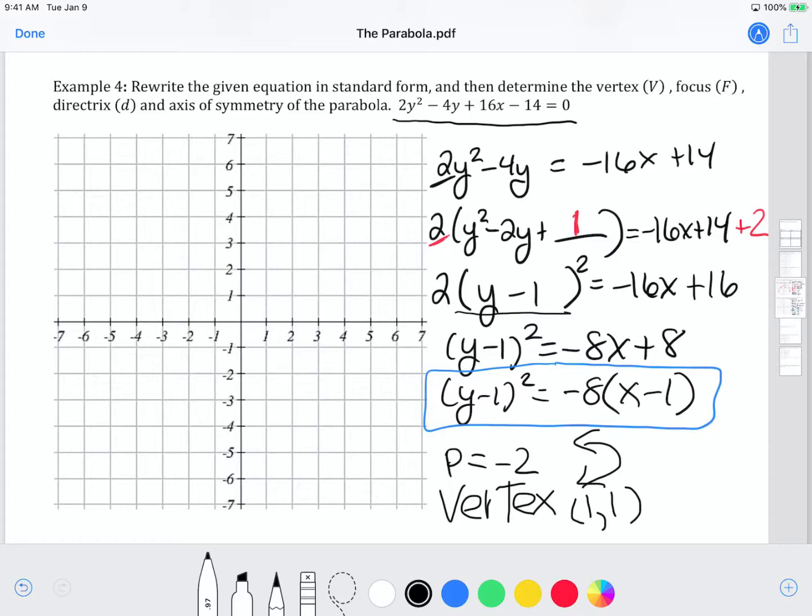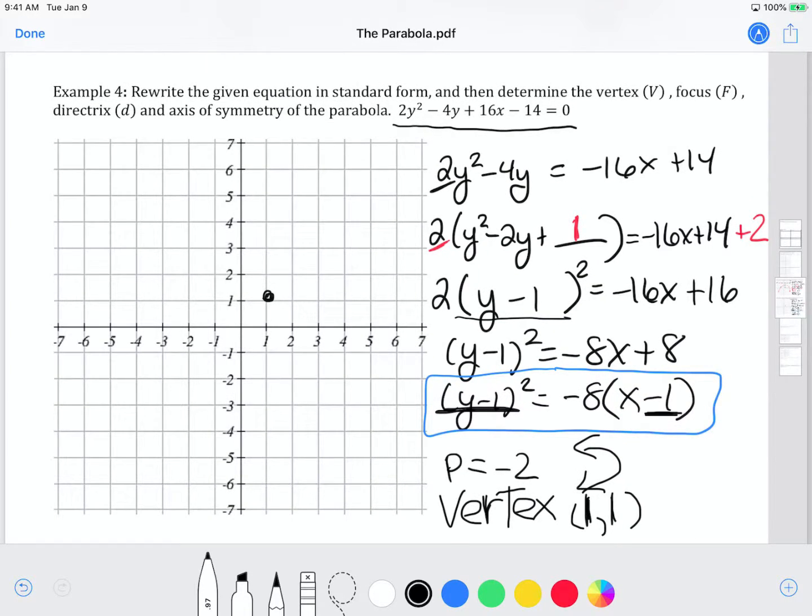However, because the y comes first on the left-hand side, doesn't mean that that's the one that goes here. We still have to keep it in the right order, that this x value here comes first. The h always comes first when you're writing down the vertex. So my vertex is at 1, 1.